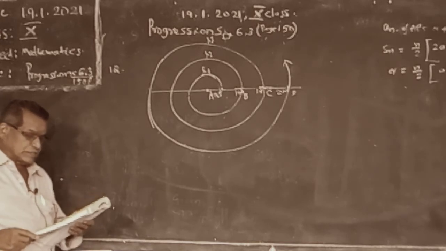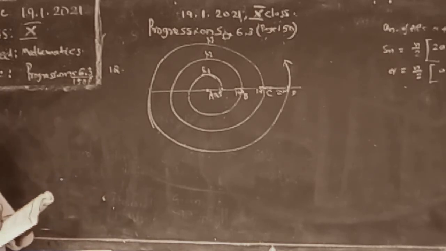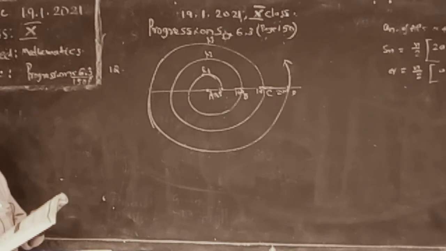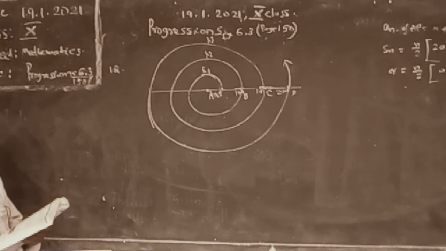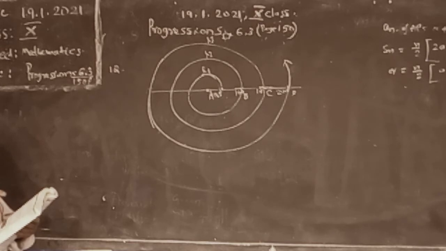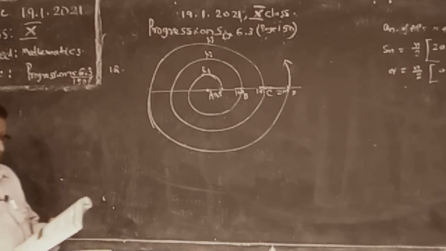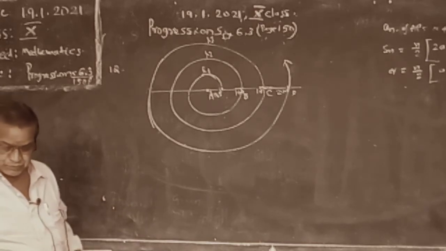We have to find the length of successive semicircles L1, L2, L3, L4, with centers A, B. Let us find the length of the semicircles.